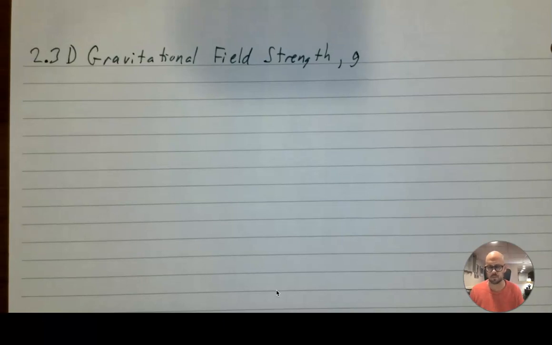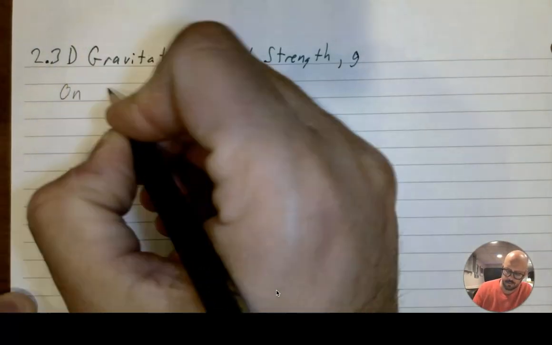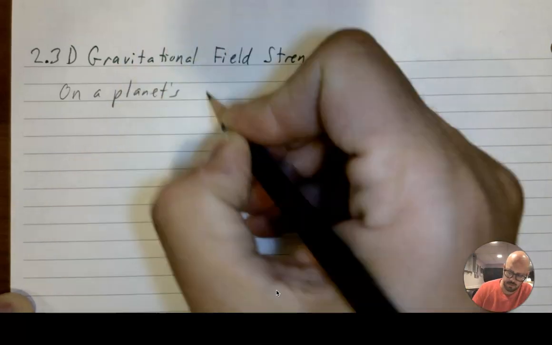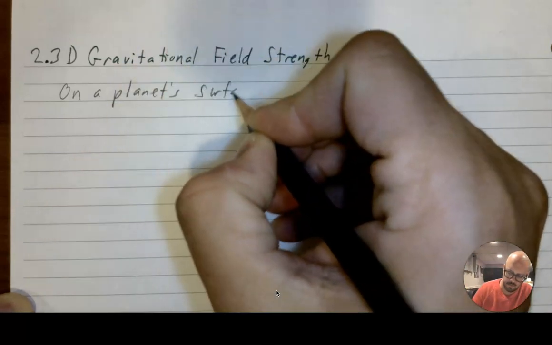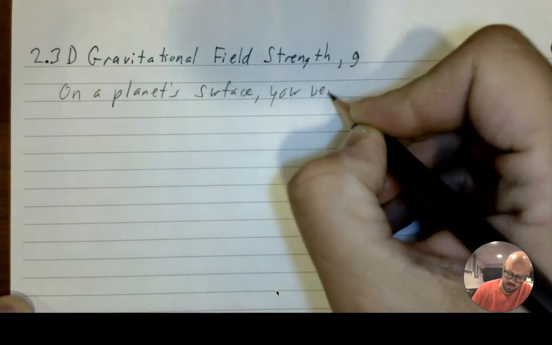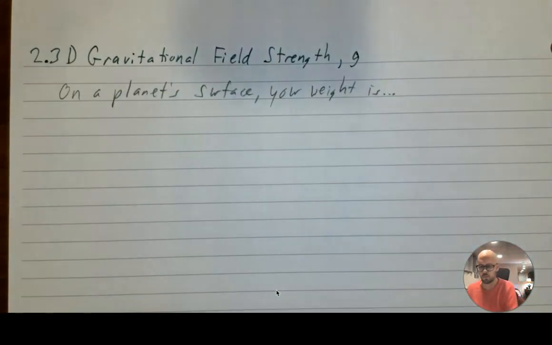So this is a way to make sense of where little g comes from. We're going to start on a planet. On a planet's surface, your weight is actually calculated two ways.